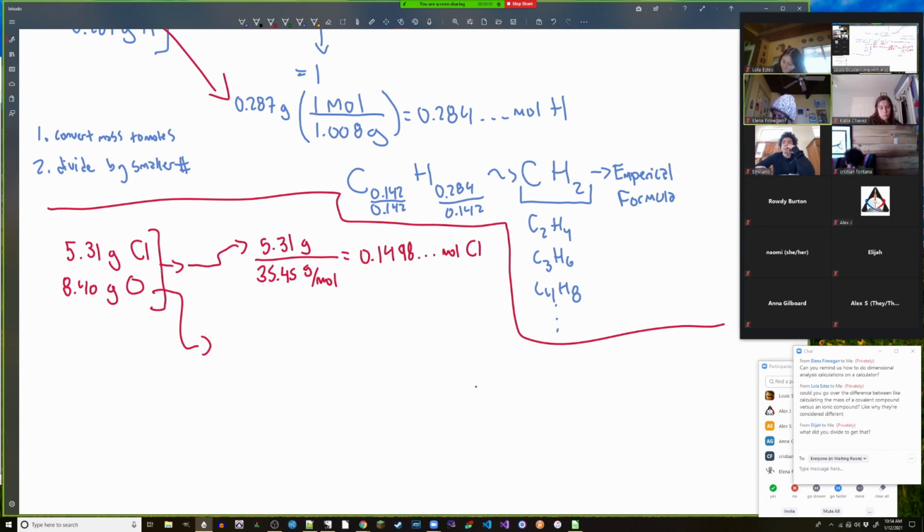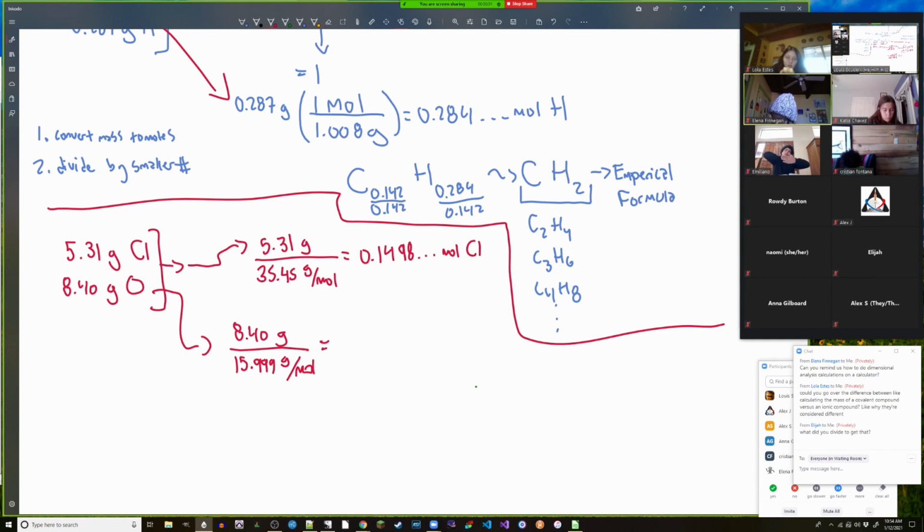To get the number of moles of oxygen, I'll take the mass of oxygen here, 8.40 grams of oxygen, and I'll divide by its molar mass. And looking it up on my P table, it's 15.999 grams per mole.